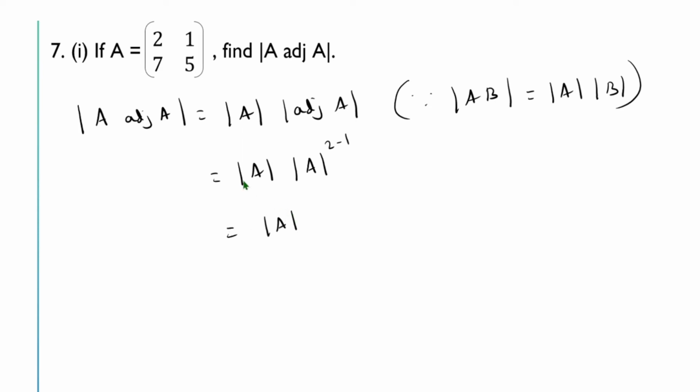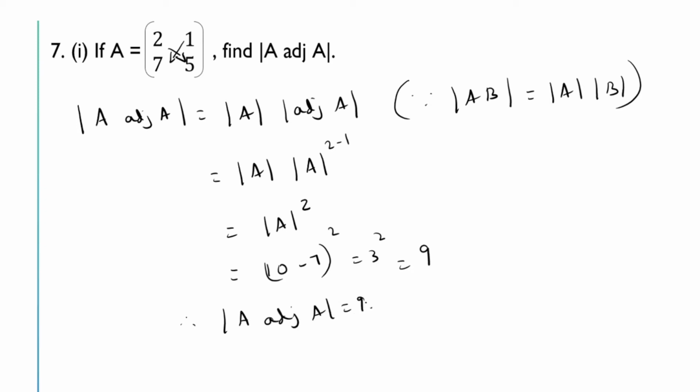When we multiply determinant of A into determinant of A, we get determinant of A the whole square. The determinant of A is nothing but 10 minus 7, which is 3. So it is equal to 3 square. Therefore, determinant of A into adjoint of A is equal to 9.